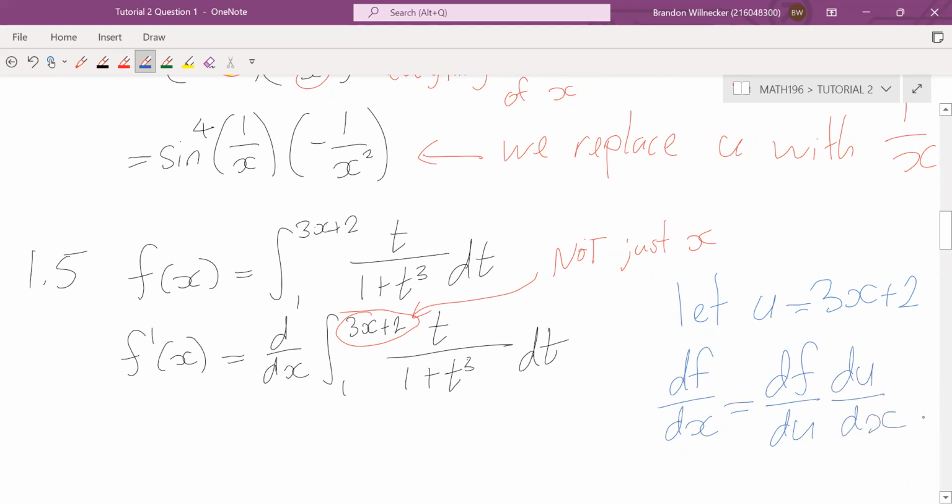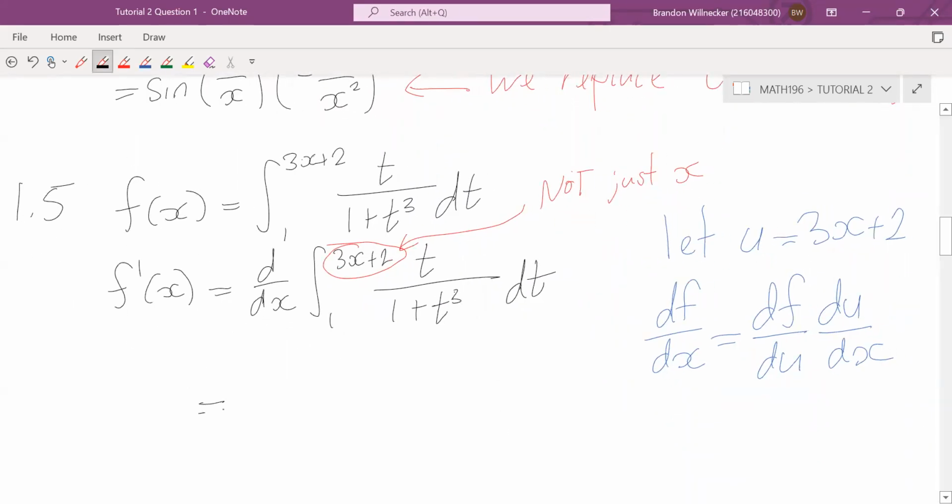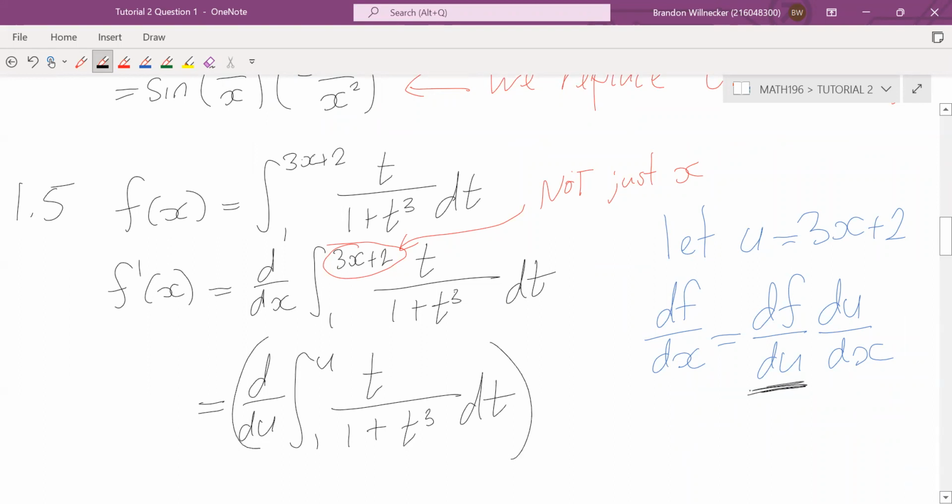So this is now going to become d by du, the integral from 1 to u, t over 1 plus t cubed dt. So that's the first part of the chain rule. Now we need the second part of the chain rule, and that's just du by dx.